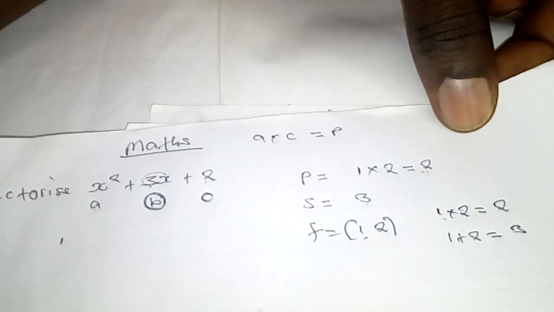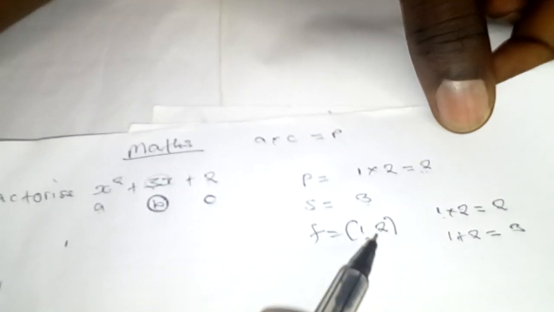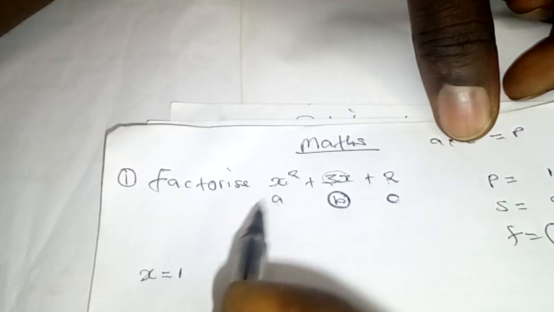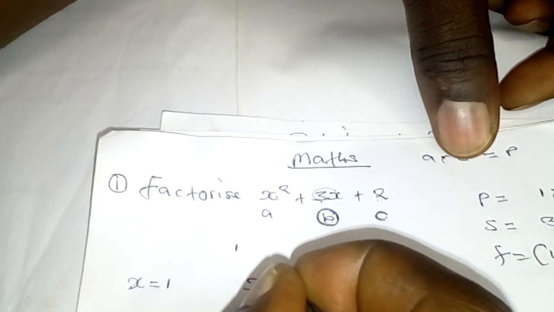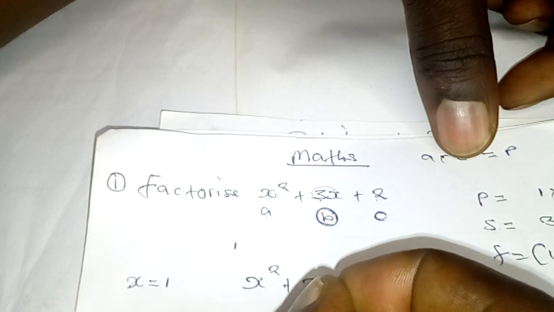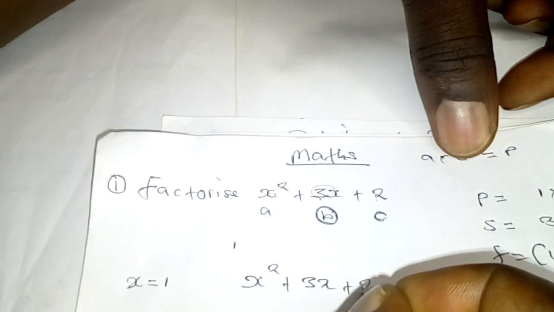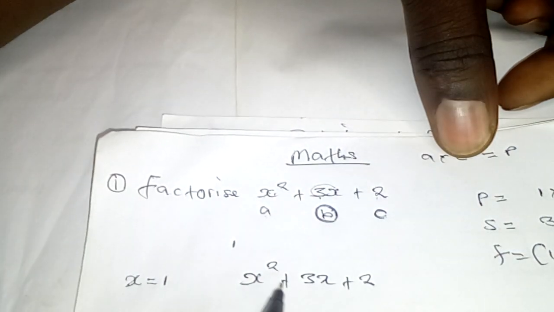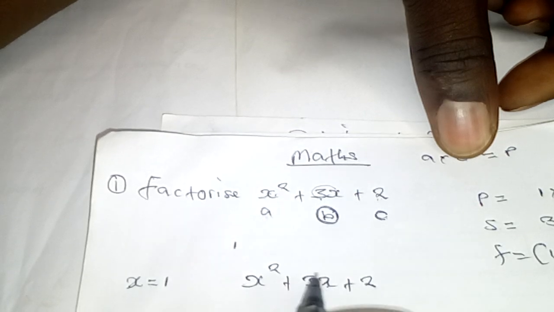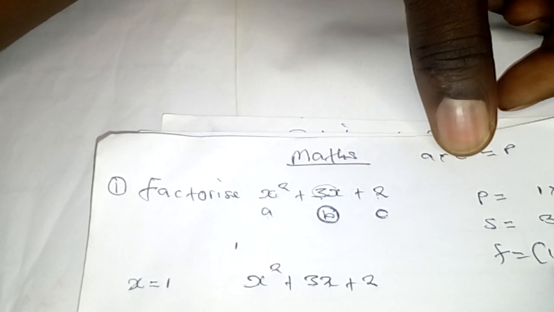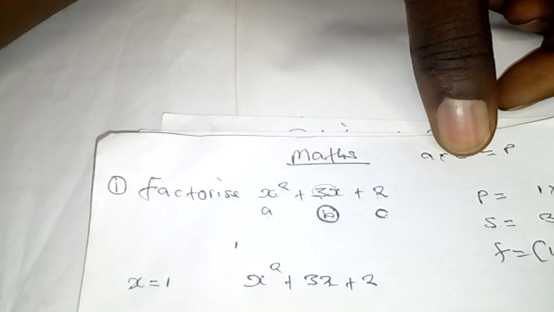If you have the factors, now let's go back to our question. I'm going to write this question here, x to the power 2 plus 3x plus 2. Now from this question, on the middle part, 3x, here we are going to write the factors that we had found, which is 1 and 2.